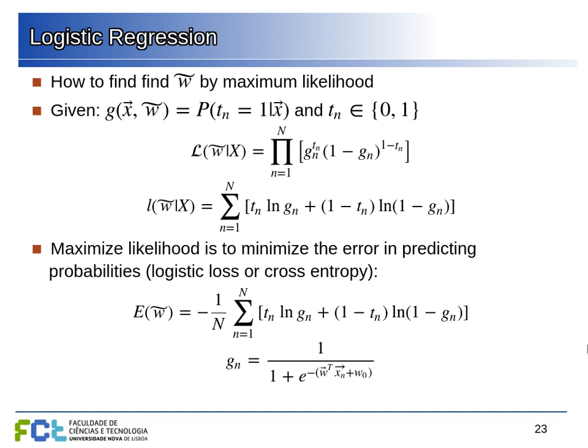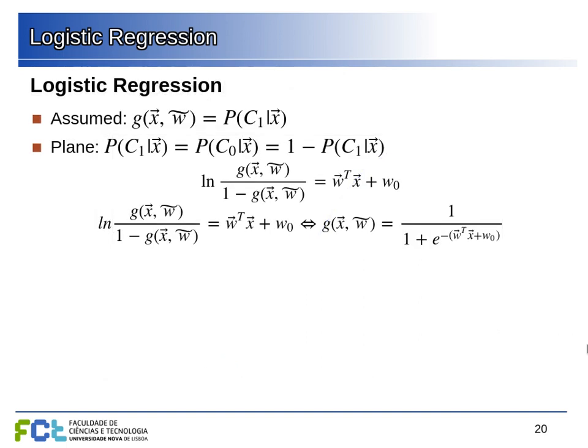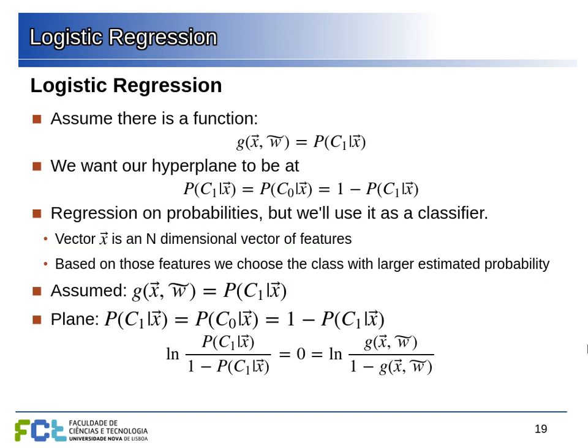That is, we want to maximize the likelihood of the parameters, and the probability of the data will be the estimated probability G for all those points that belong to class 1, because this is what our function is supposed to represent. Our function G is supposed to give us the probability, or an estimated probability, of belonging to class 1.